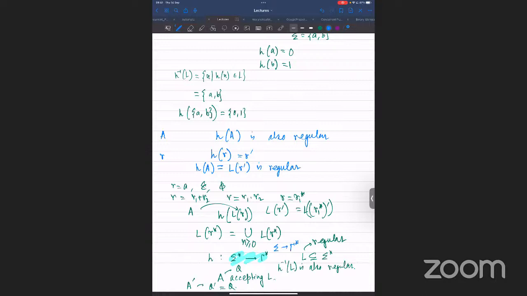How are you going to simulate a transition in A prime?